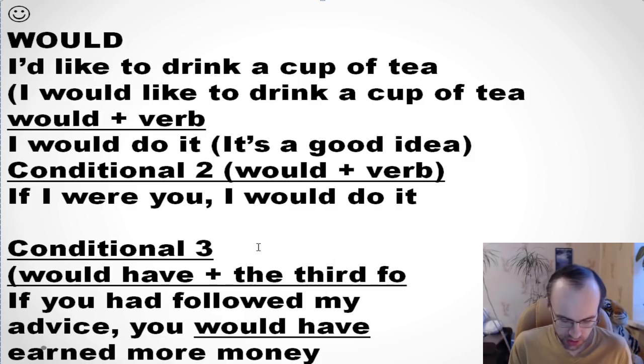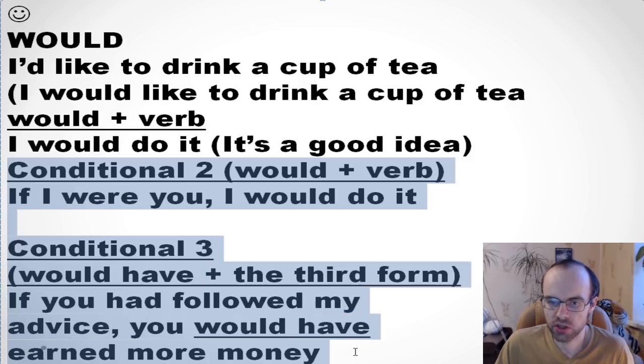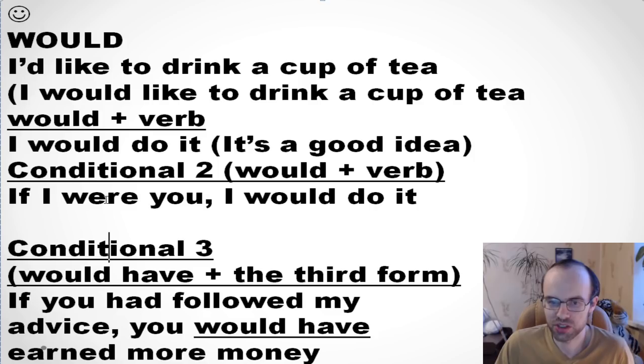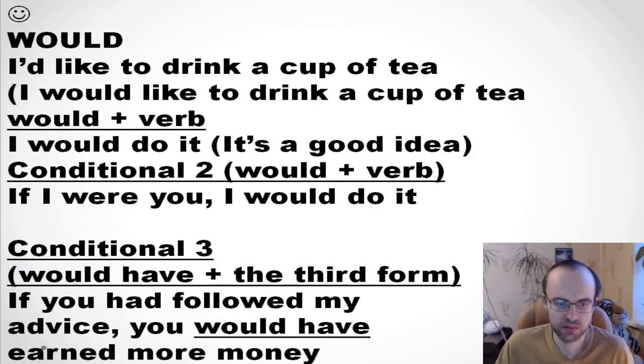Okay, if you had followed my advice, you would have earned more money. But it means that these situations are unreal. It means that I'm not you, and so you didn't follow my advice.